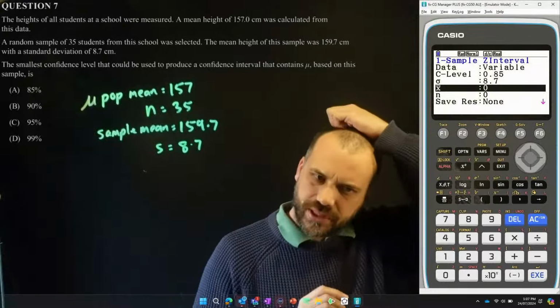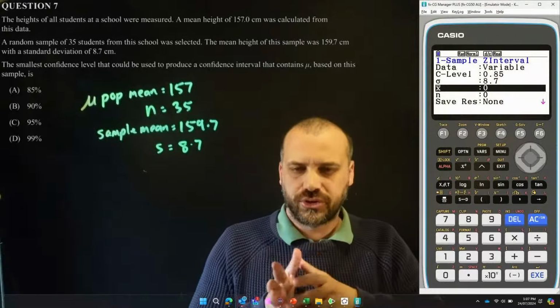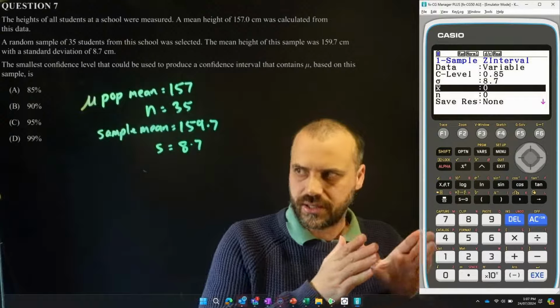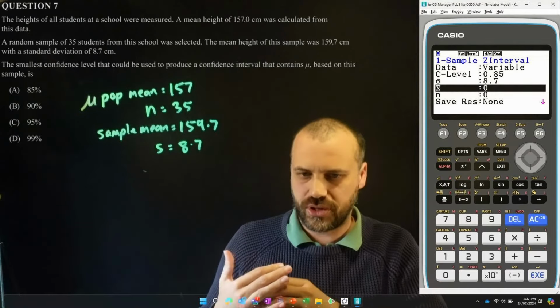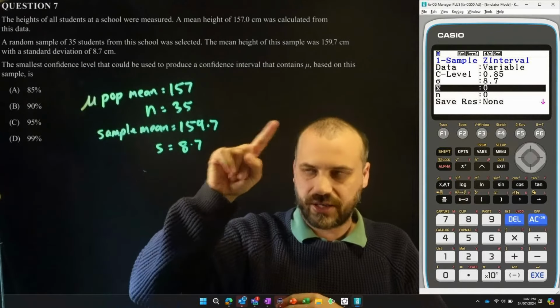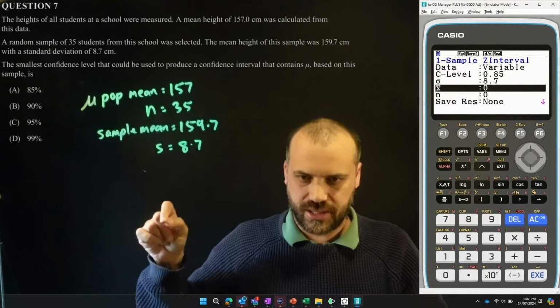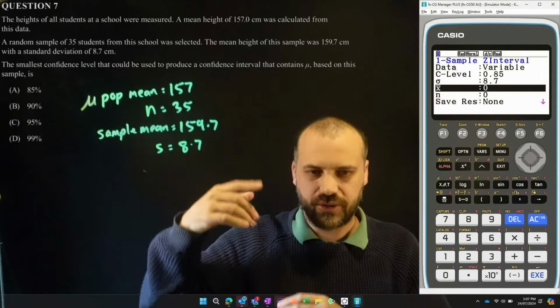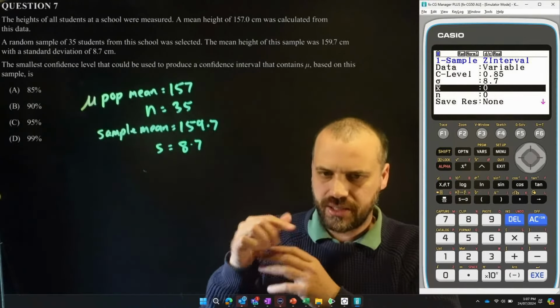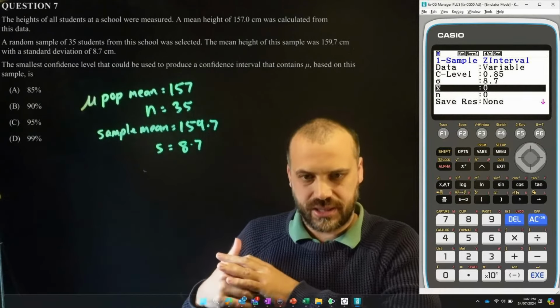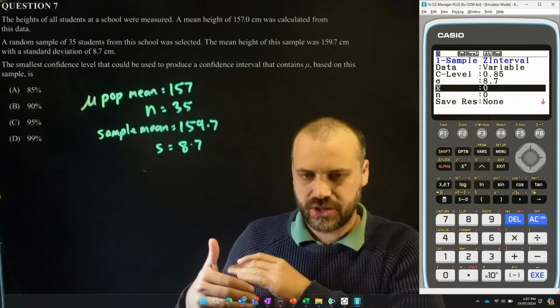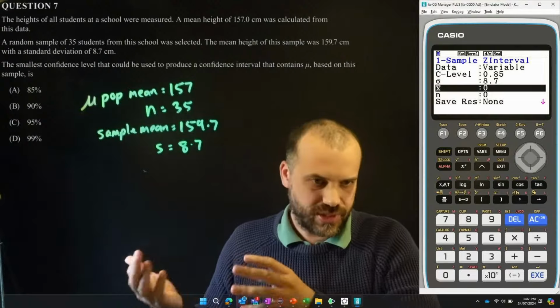Now, a lot of people are going to get a little confused here because should I be putting in my population mean, so my sample mean, should I be dividing that by 35? This value that I'm putting in is my sample mean, and we're told that. We only need to divide by root n if we know our population standard deviation and we're trying to come up with a sample standard deviation.